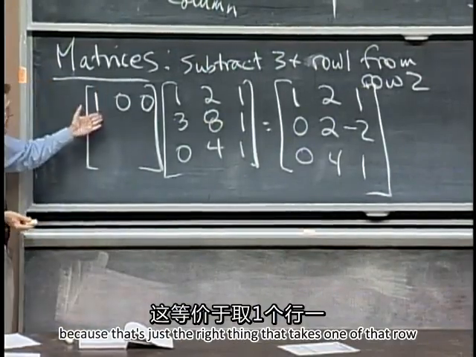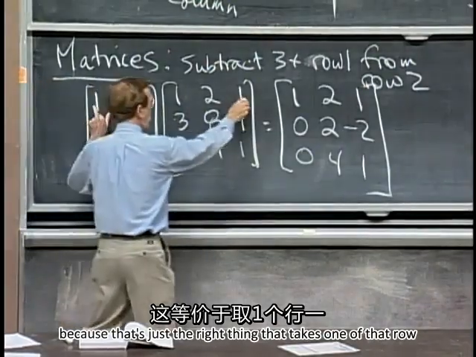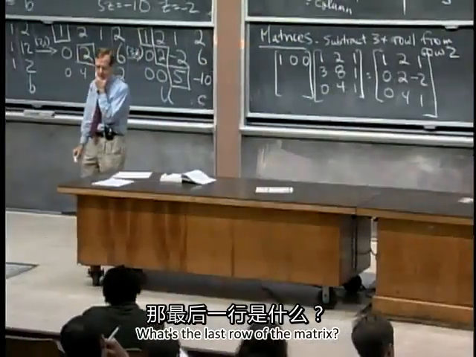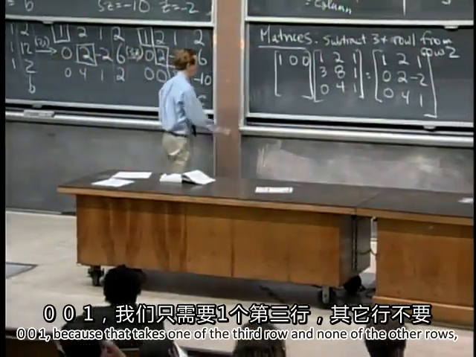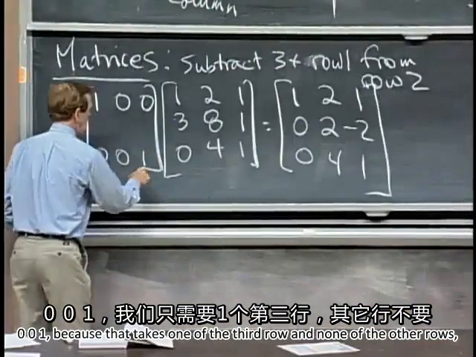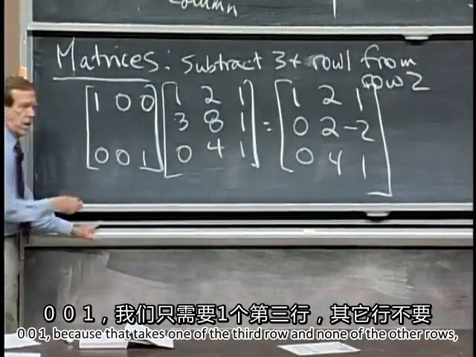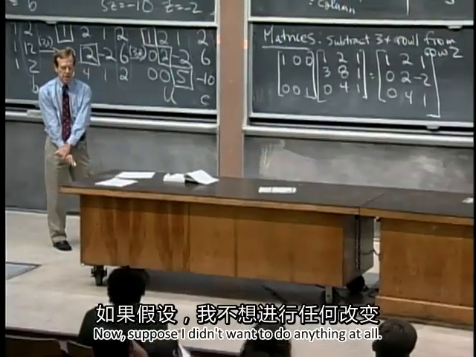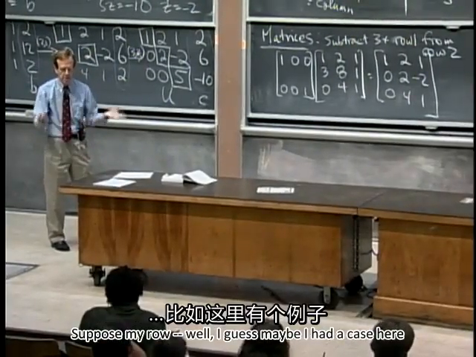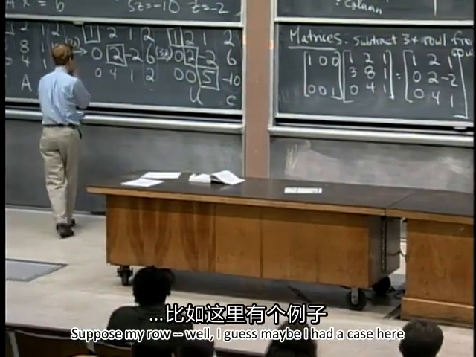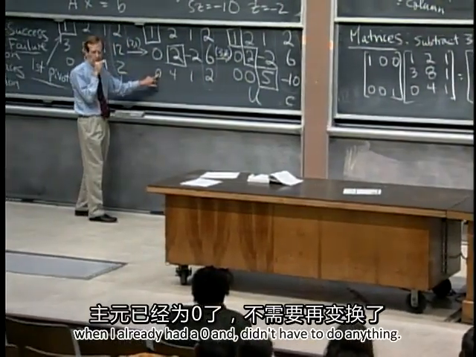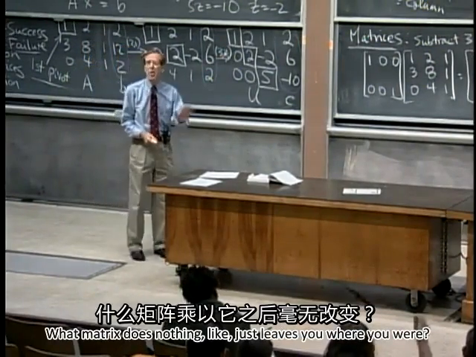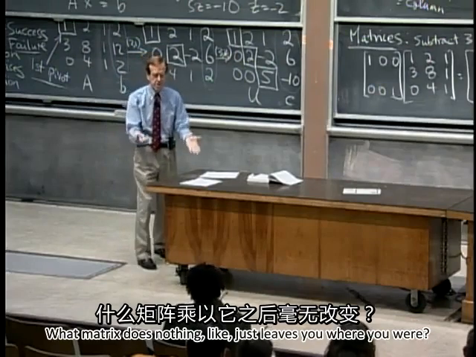Because that takes 1 of that row and none of the other rows, and that's what we want. What's the last row of the matrix? 0, 0, 1. Because that takes 1 of the third row and none of the other rows. That's great. Now, suppose I didn't want to do anything at all. Suppose maybe I had a case where I already had a 0 and didn't have to do anything. What matrix does nothing? Like just leaves you where you were.